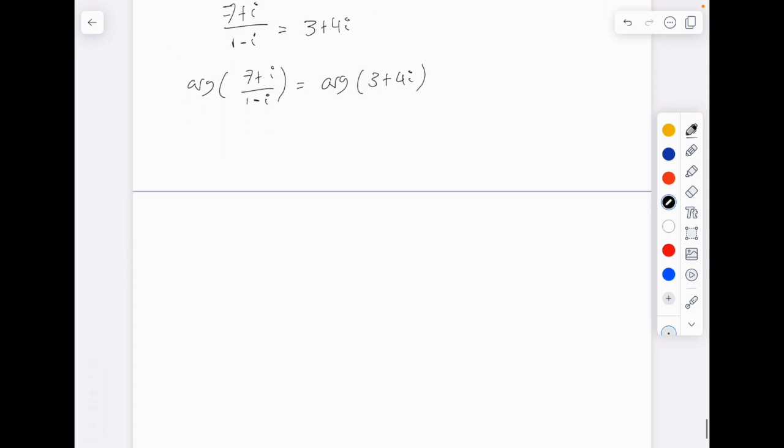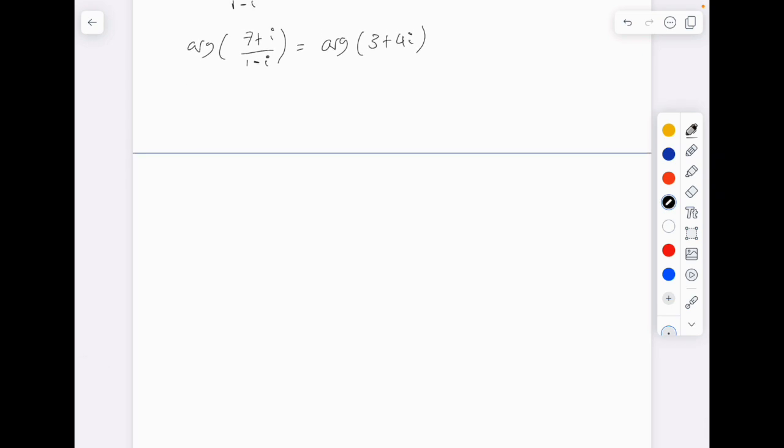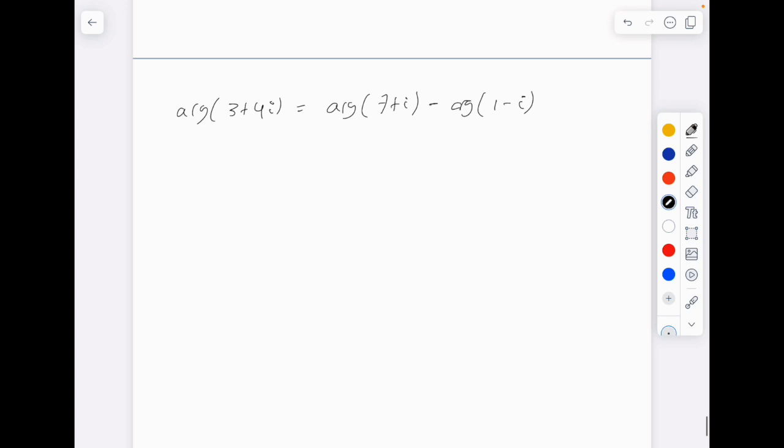Okay? Cool. And so we can proceed as follows. We can say the argument of 3 plus 4i is equal to the argument of 7 plus i minus the argument of 1 minus i, which tells us what?